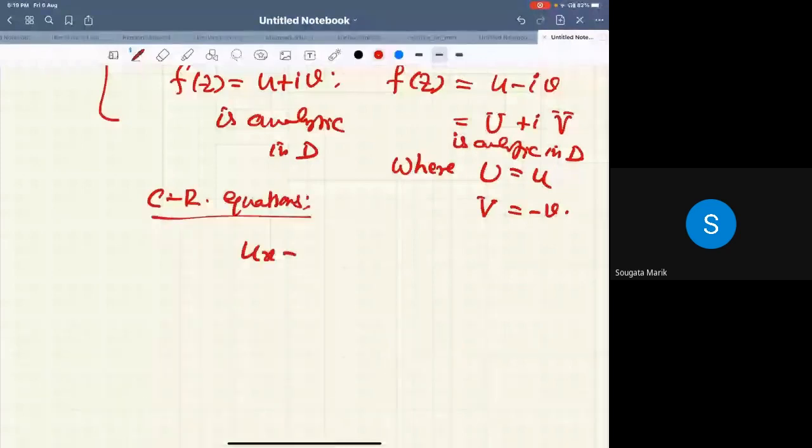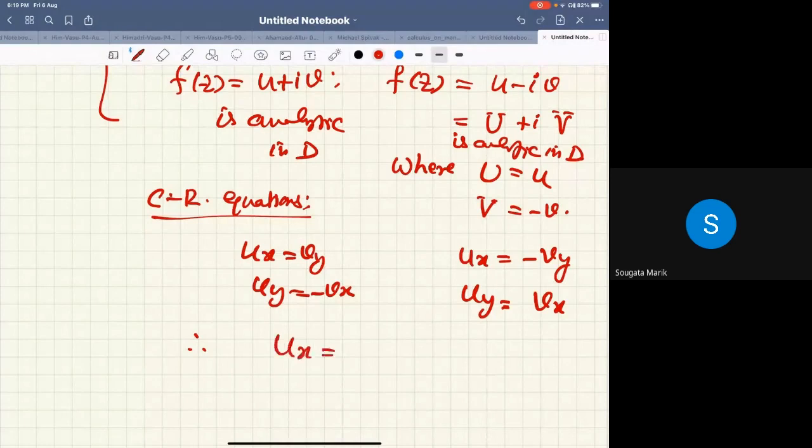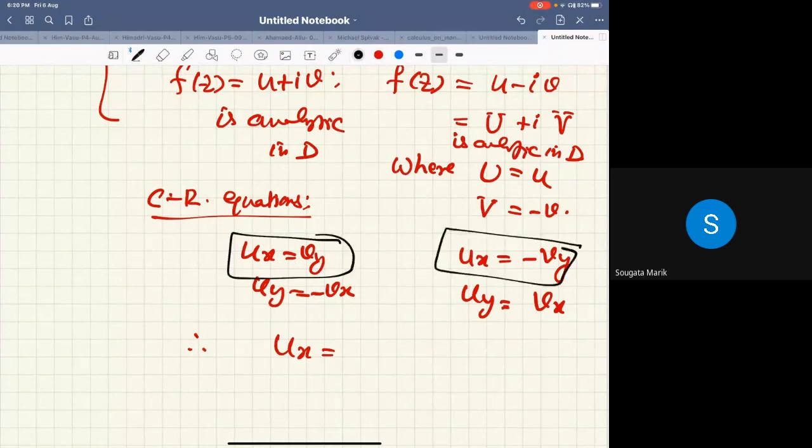If you apply CR equations here, ux equals minus vy, uy equals vx. Therefore, if you take this pair, your ux equals vy, and vy is nothing but minus ux.